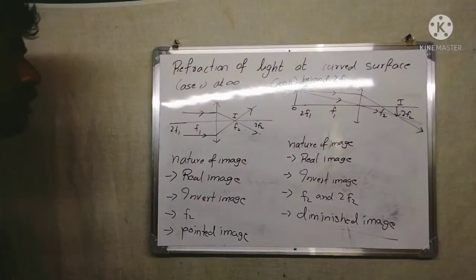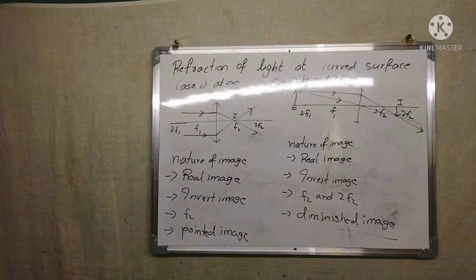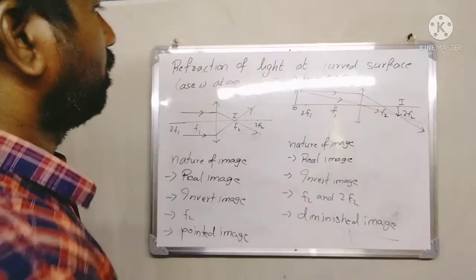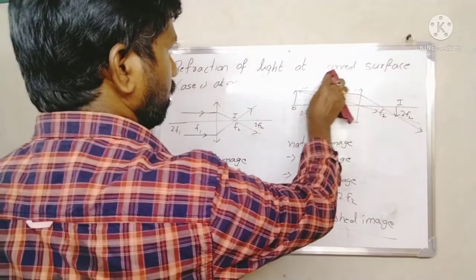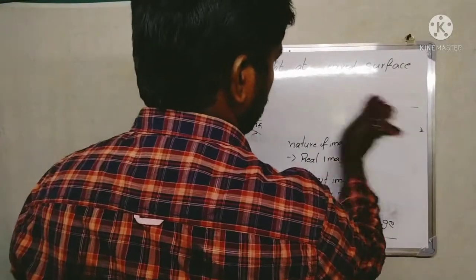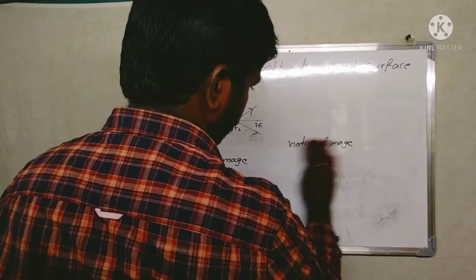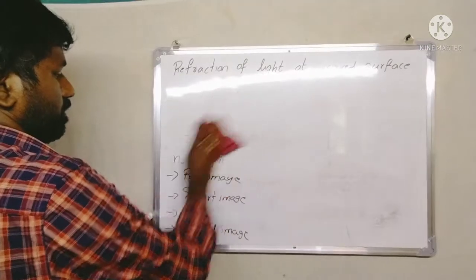So we got a diminished image. Okay, we'll see the next one. We are changing the position of the object, and the object is moving towards the lens.